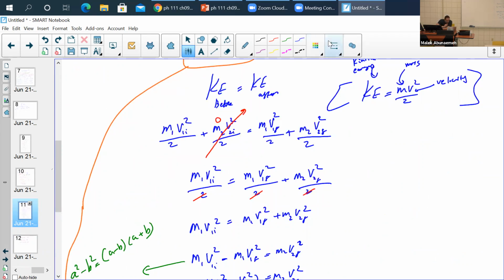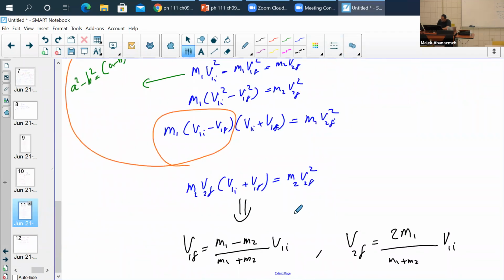So the equation for the second one is the one we had last. So let's just label this equation 2.